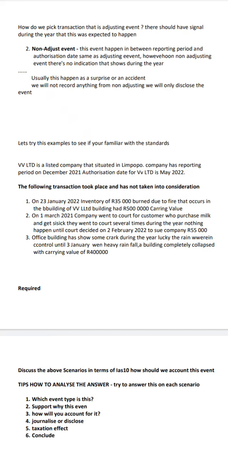Alright, then number 2: on 1 March 2021, the company went to court over a customer who purchased milk and got sick. They went to court several times during the year. Nothing happened until the court decided on 2 February 2022 to sue the company for 55,000. Is this IAS 10? Yes, it's IAS 10, because the transaction happened on 2 February 2022, which is between December and May 2022.